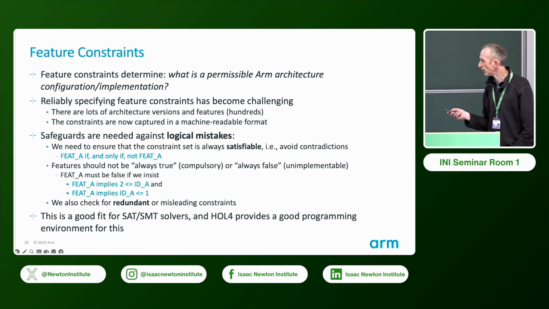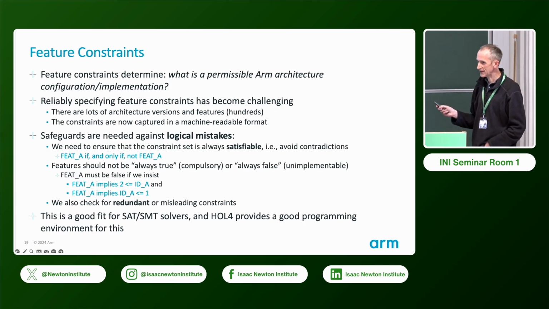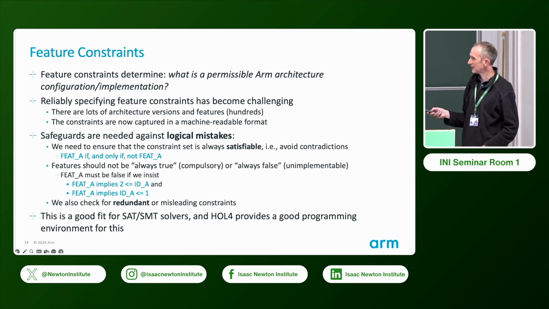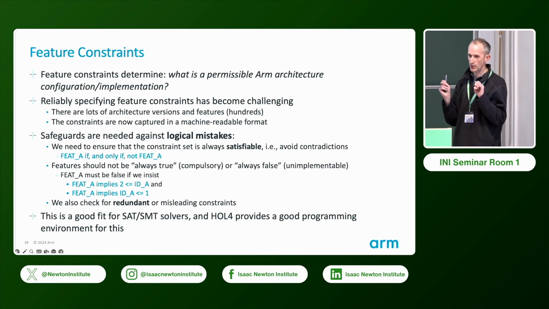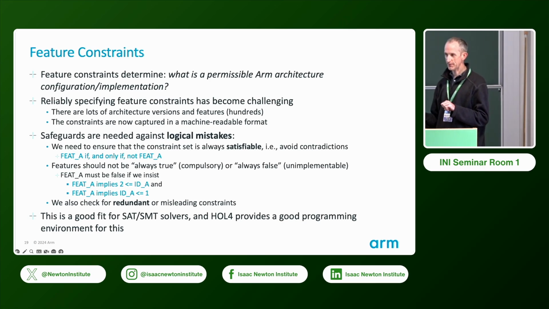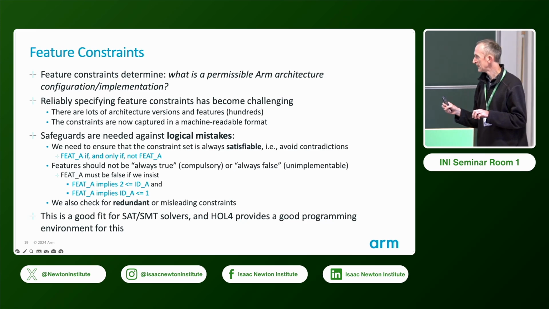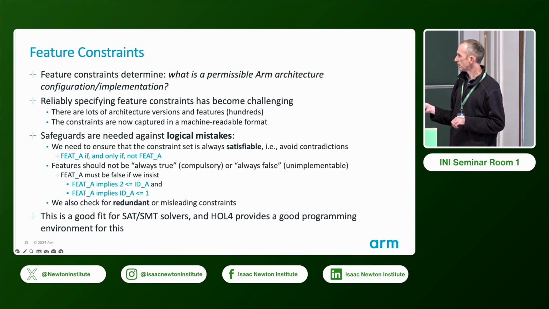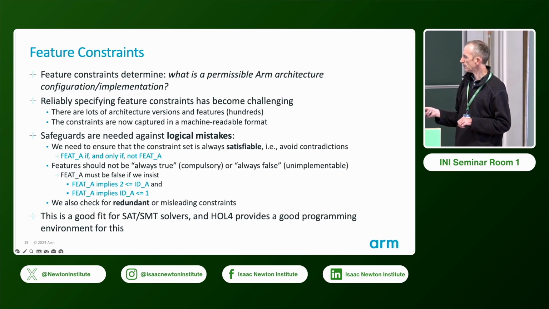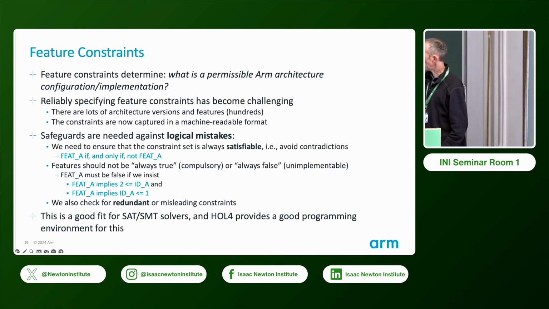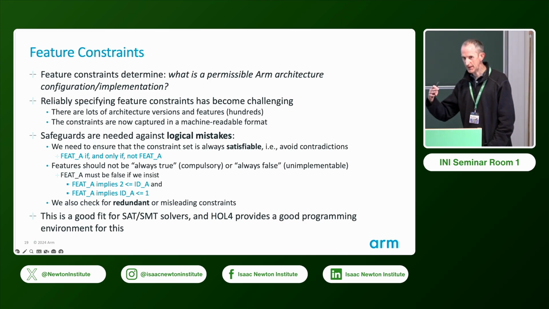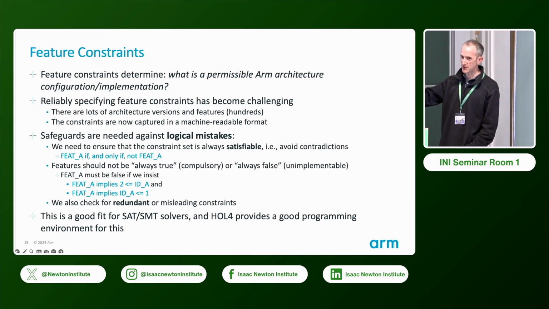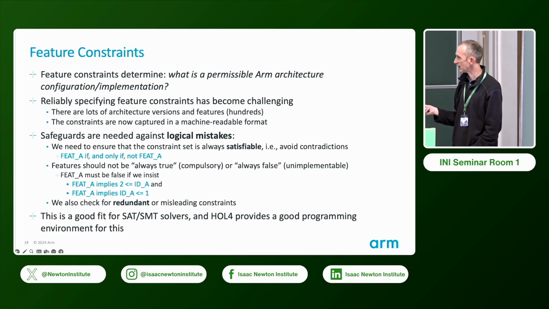So what could go wrong? Well, it could turn out that the entire lot was completely inconsistent. So it had a requirement that you required feature A, and by the way, you can't have feature A as well. It could also be that particular features are not optional in any way. They're either always set true or always set false, and again, that's regarded as a bad thing.